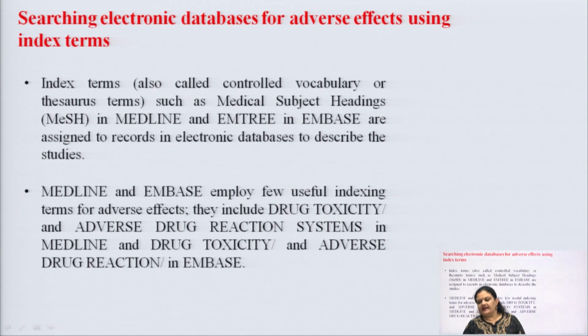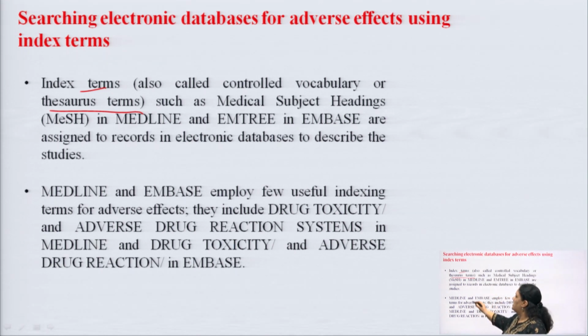Next, there is again searching electronic databases for adverse effects by following various index terminologies. Like index terms, where all the contents are reported in an orderly way, also known as controlled vocabulary or thesaurus terms. Thesaurus means index, the content, such as the Medical Subject Heading.